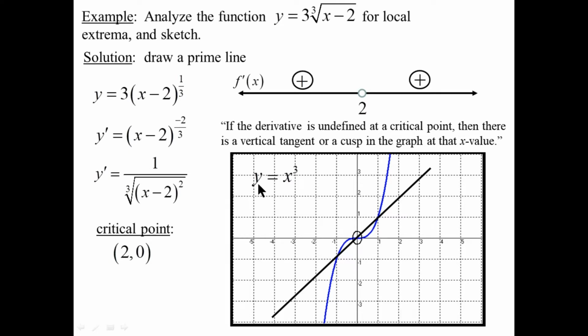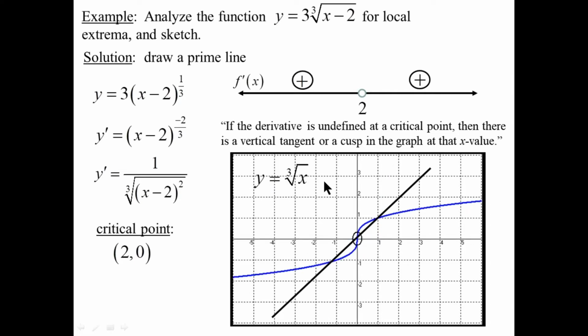If we were to take the inverse of y equals x cubed, which means x becomes y and y becomes x, and take the cube root of both sides, we have y equals the third root of x, the inverse of y equals x cubed, which is the reflection across the line y equals x. So y equals the third root of x must look like that.